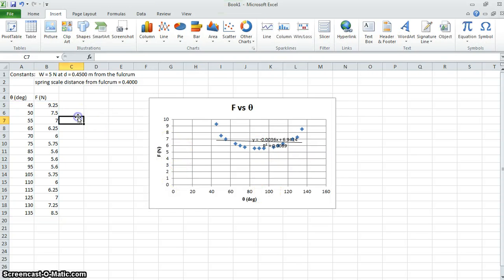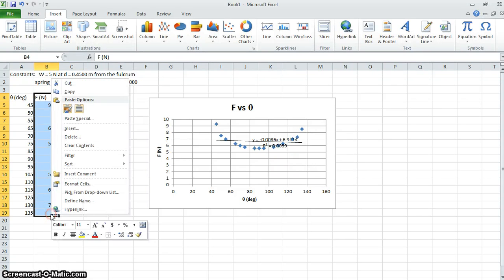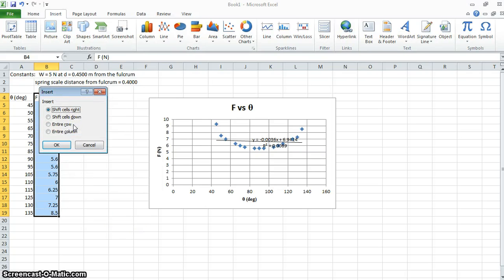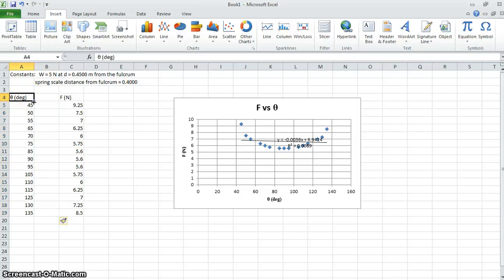So maybe I need to do some kind of trig function in here, and our first guess might be to do a cosine. I'm going to insert a column here. So maybe it's cosine. I mean, I'm just totally guessing here.